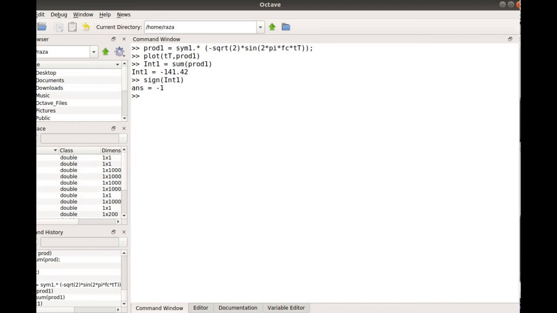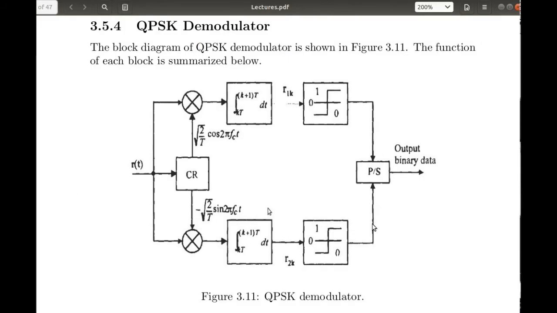So here we get a 1, and from this branch we get a minus 1, and this is the parallel to serial converter. We got two parallel bits, 1 and minus 1, and this is what we actually transmitted from the modulator.